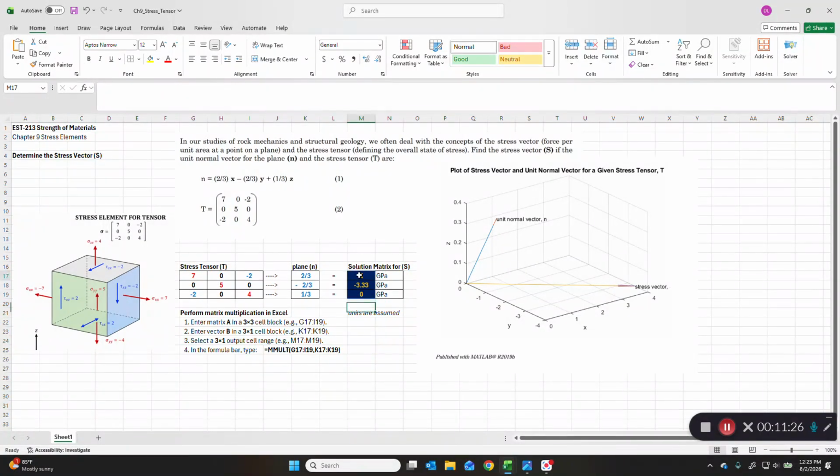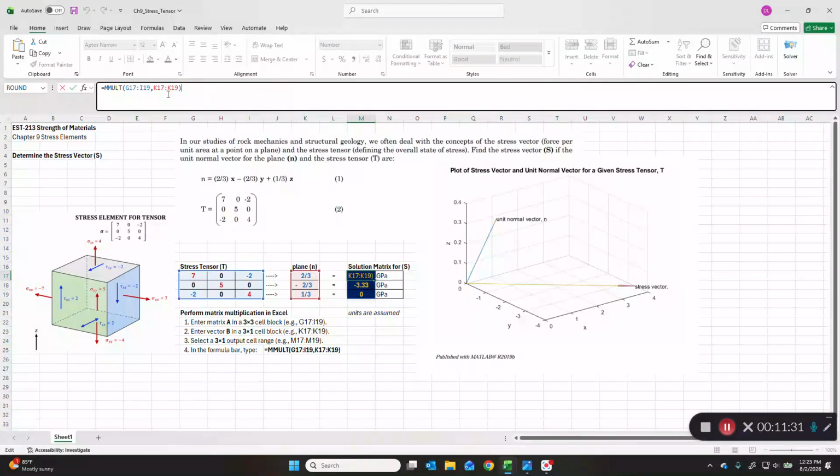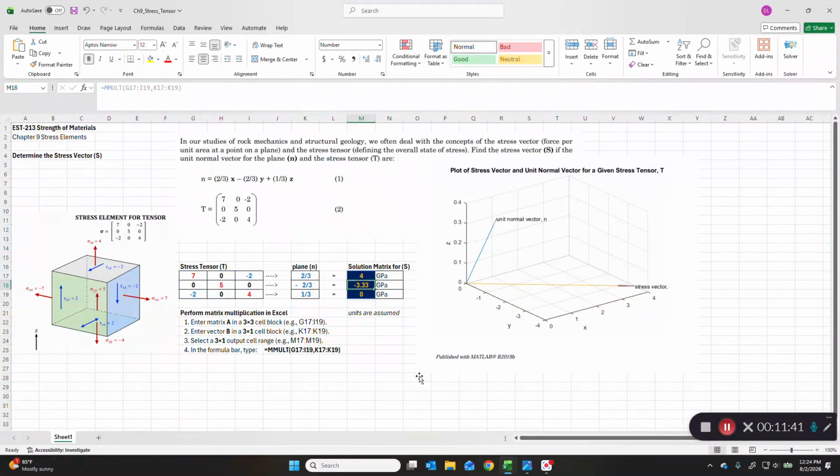In the formula bar, you type MMULT, multiplying G17 through I19, that's this 3 by 3 matrix, by the column vector K17 to K19, and then just hit enter, and it'll populate the other 2 cells. You can see they're grayed out. So that's it. Now the answer is 4, -3.33, 0.